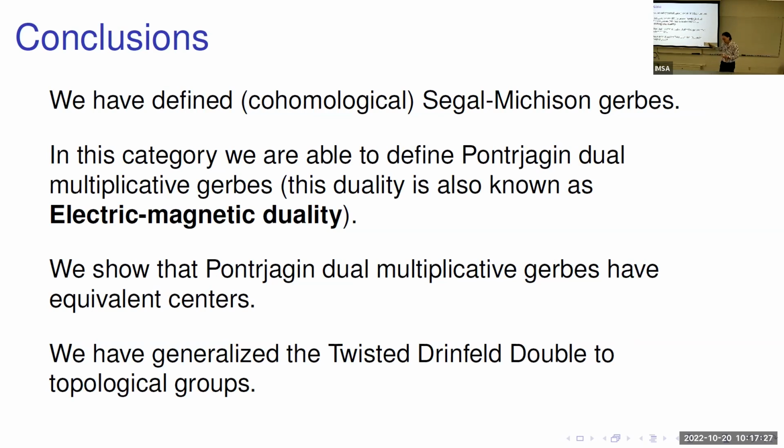We don't know how to go back, whether the braided centers being equivalent implies that the multiplicative gerbes are equivalent. And of course, we haven't put connections either, which is, of course, one next step. Once you have the topological structure, then you can put the connections there to do it geometrically.